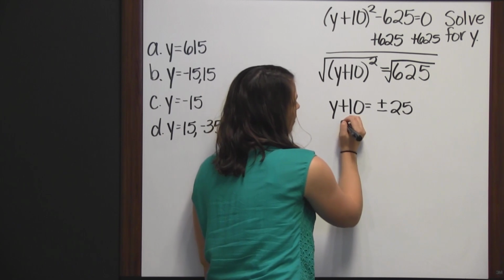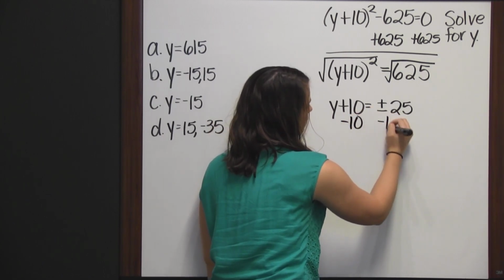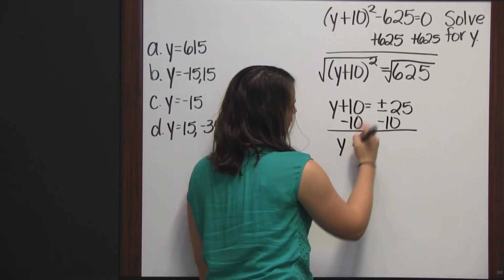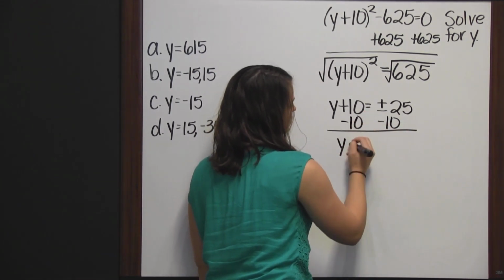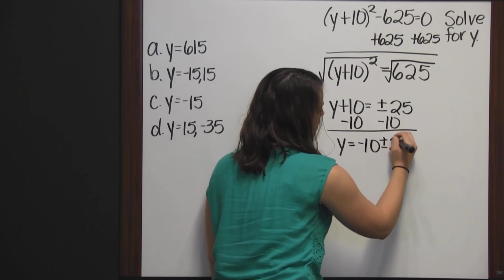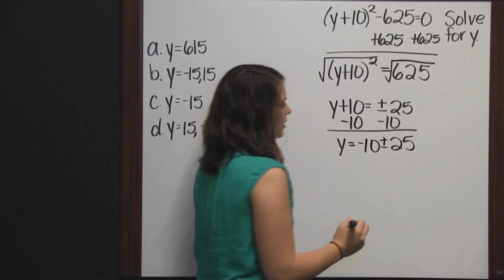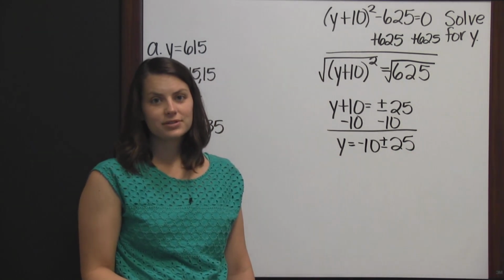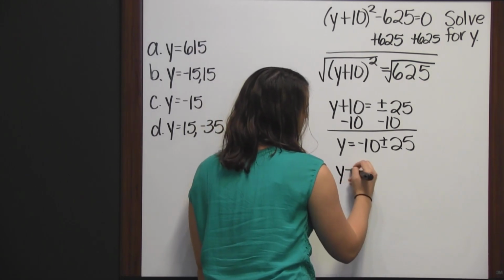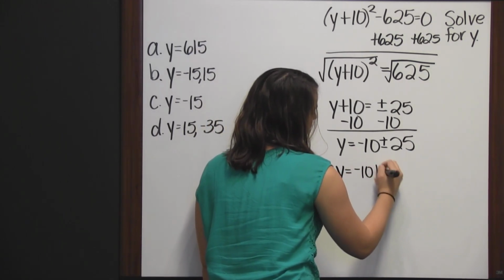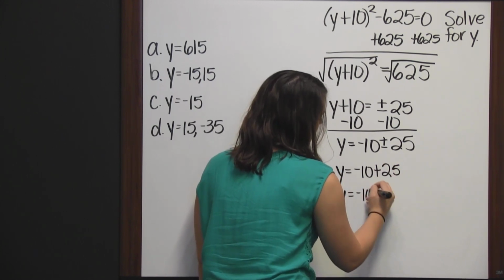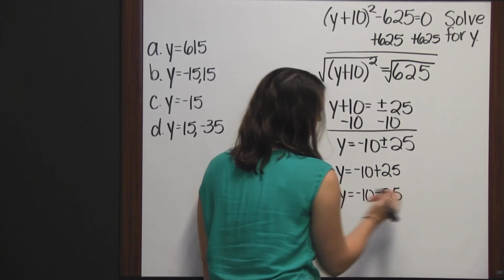And finally, to solve for y, we need to subtract 10 from both sides. So we have y plus 10 minus 10 is 0, so equals negative 10 plus or minus 25. We have two answers, and to find them, we just need to simplify. So we have y equals negative 10 plus 25, and y equals negative 10 minus 25.